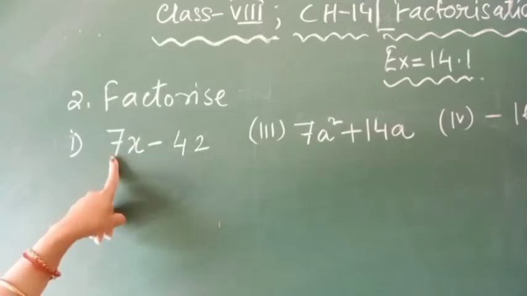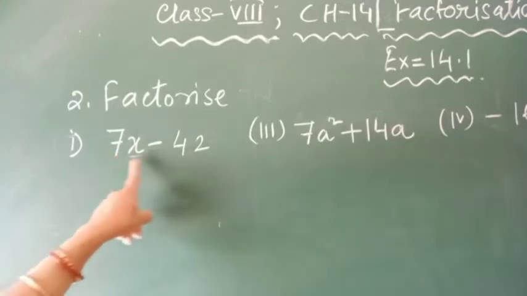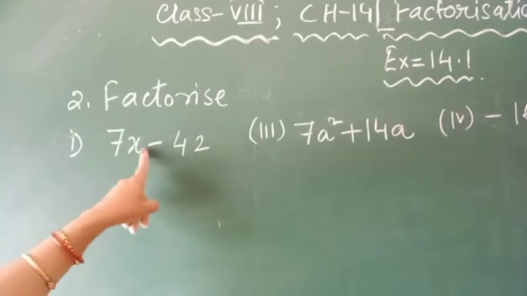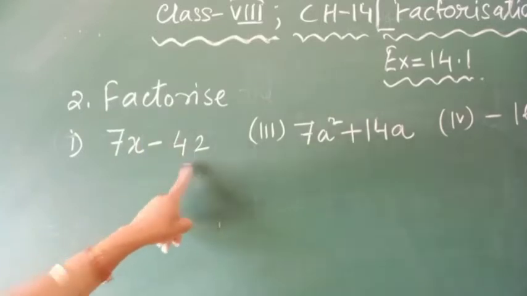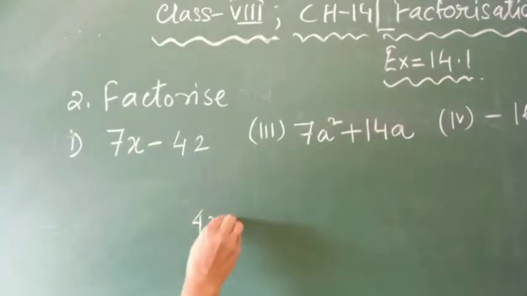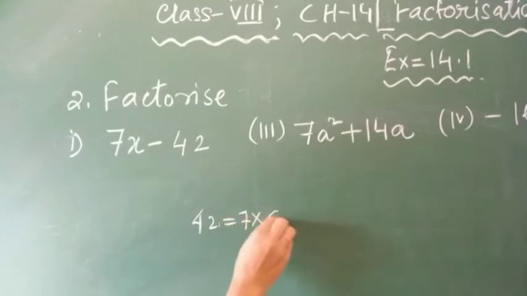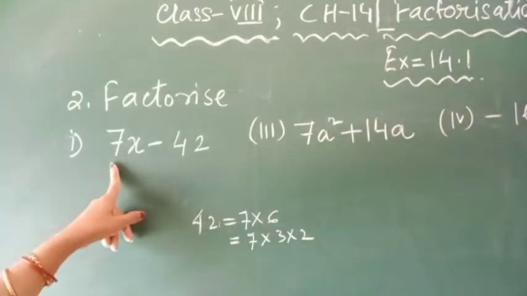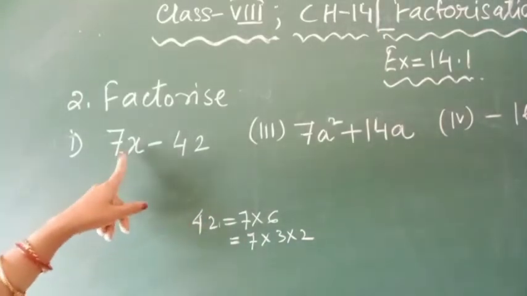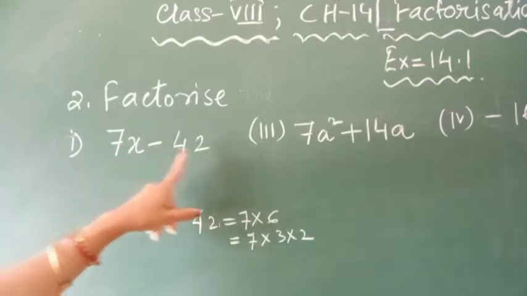From here I can take 7 and here also I can take 7, but x I can't take. 7 and 6 means 42 means 7 into 6, or instead of 6 you can write 3 into 2, but this 3 into 2 is not present here. And here 7x, 7 into x, x is not present here.